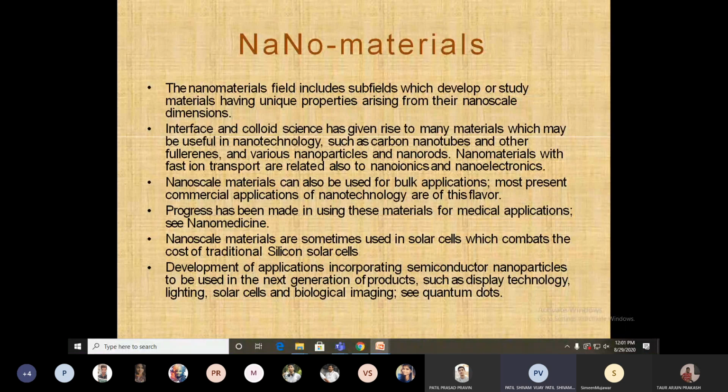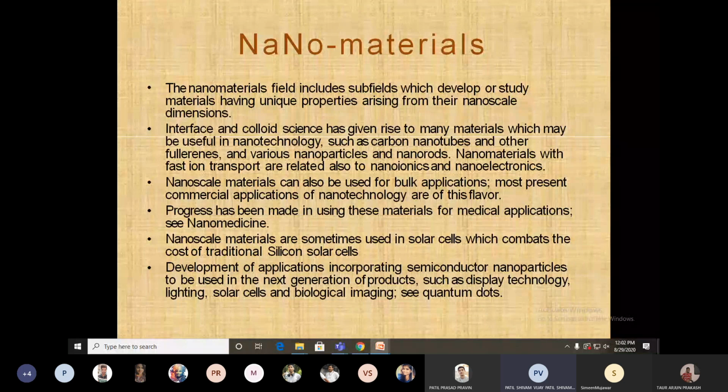Progress has been made in using these materials for medical applications. See nanomedicine. Nanoscale materials are sometimes used in solar cells, which combats the cost of traditional silicon solar cells.